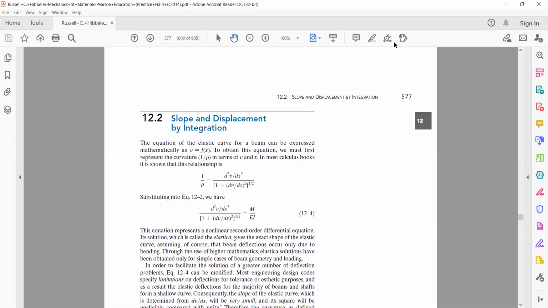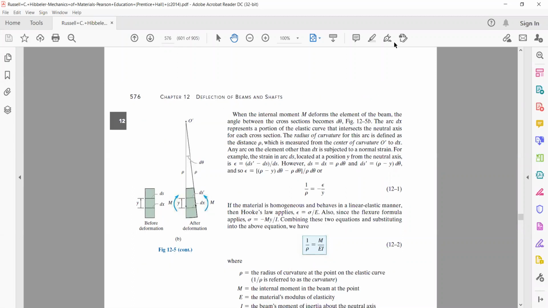Now what we have in hand is 1 by rho. Let me recall yesterday's lecture. We had this formula in hand yesterday, that is 1 by rho is equal to M by EI.